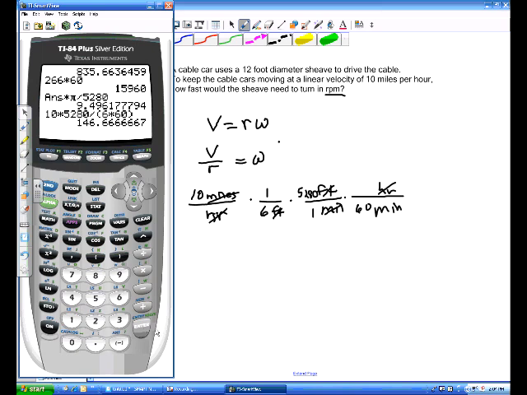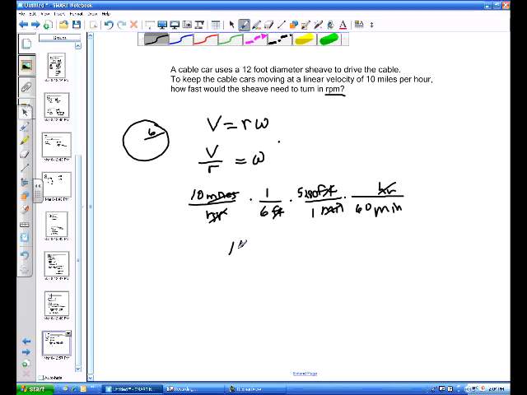And so we end up with approximately 147, and I'm going to keep that answer there because we're going to do something else with it. So 147, and that's radians per minute.